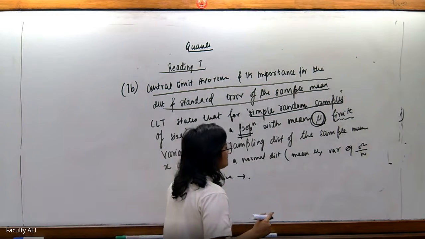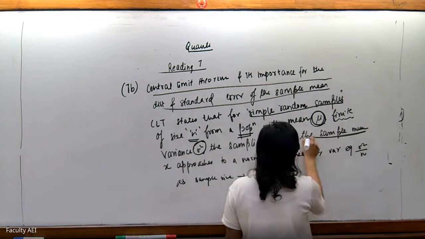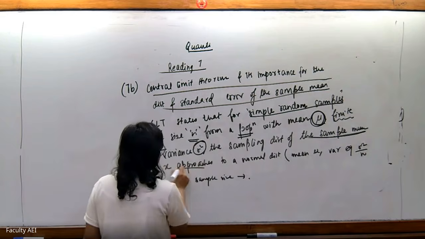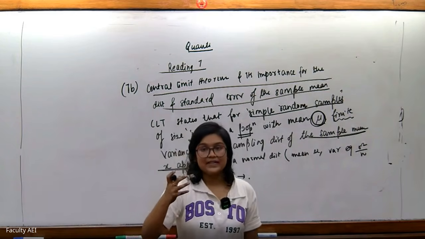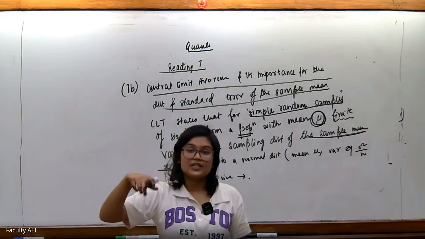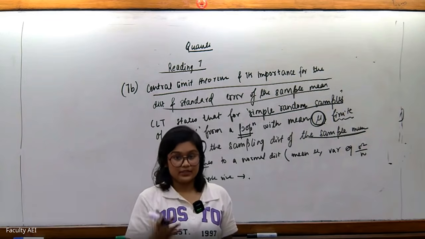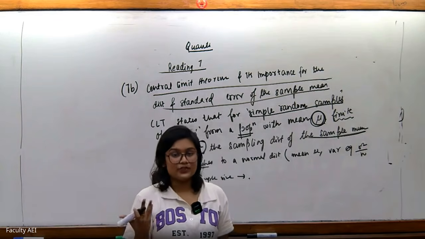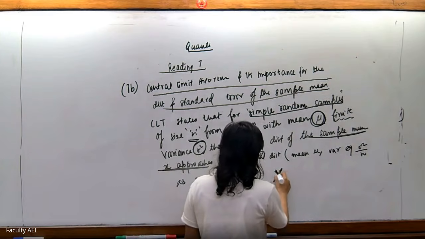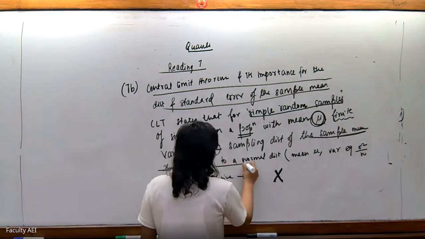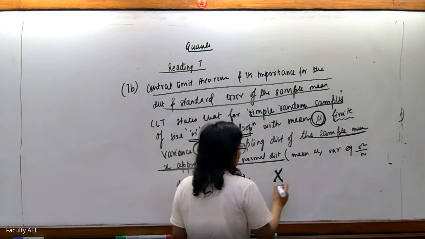The sampling distribution of the sample mean, that is, you will form a sample, and the sampling distribution is the distribution of that sample mean. Whatever the mean of your sample will be, the distribution of that sample mean will follow a normal distribution.